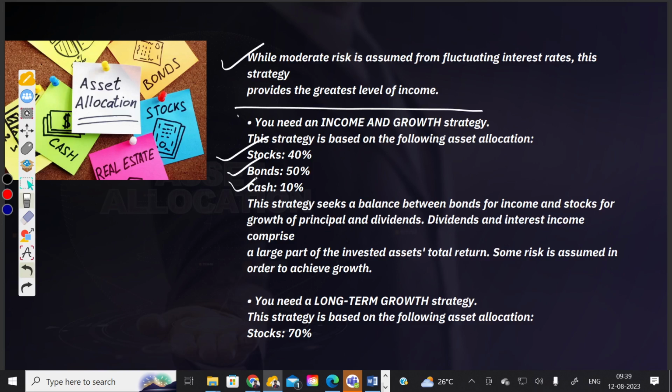One is stocks, where you can invest. For example, let's say you have 100 rupees. Again, how can you allocate? 40 rupees you can invest in stocks. That is a little bit more in stock investment than before. If you check the previous strategy, we invested only 30 rupees, but with this particular income and growth strategy, we are going to invest around 40 rupees in different stocks.